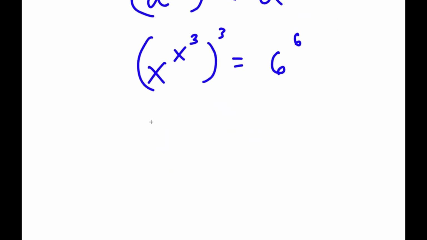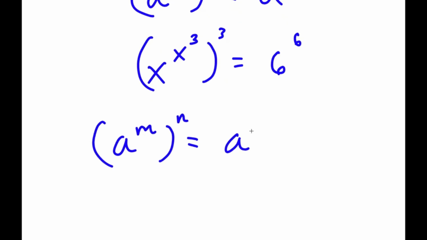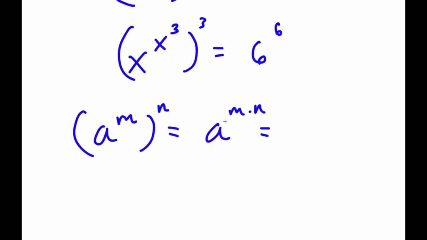Now, if I have something in the form a to the power of m to the power of n, this is the same thing as a to the power of m times n. And m and n, I can actually switch the place of these two because in multiplication, you can switch the place of these two numbers. So this is the same thing as a to the power of n times m.